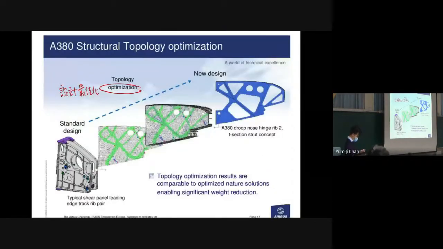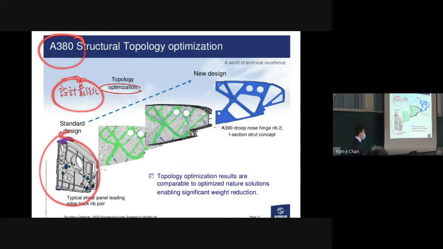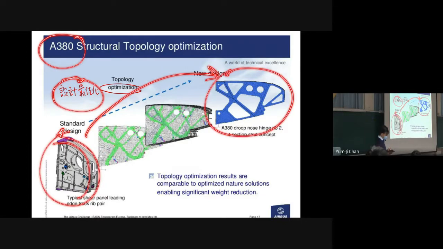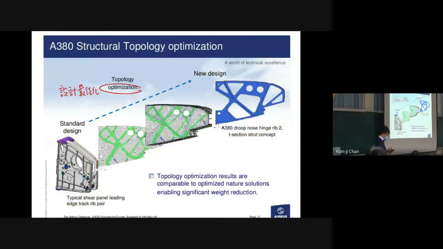This is a part in the A380, and we want to reduce the weight of this part. The computer tells us that the part should look like this, and you can see the structure actually looks like a truss.